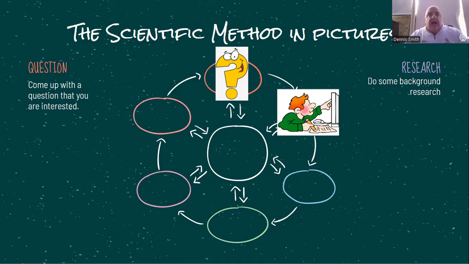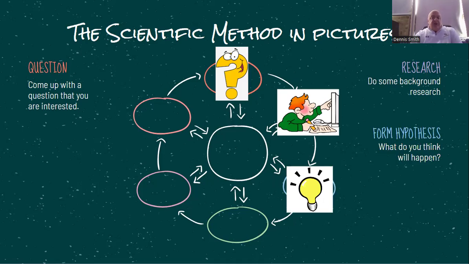Try to stay away from .coms. They can be a little bit biased in nature. Not all the time, but sometimes they are. And that could affect your research and could affect what your hypothesis would be. All right, so formulate a hypothesis: what do you think is going to happen?